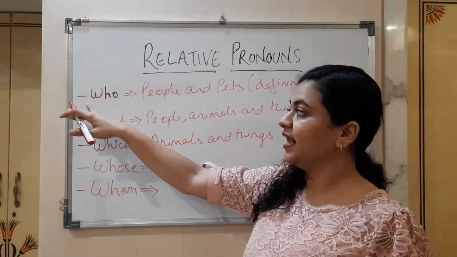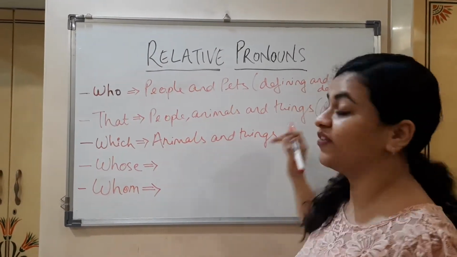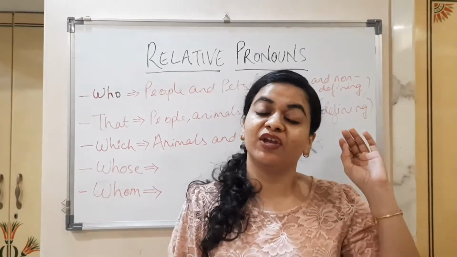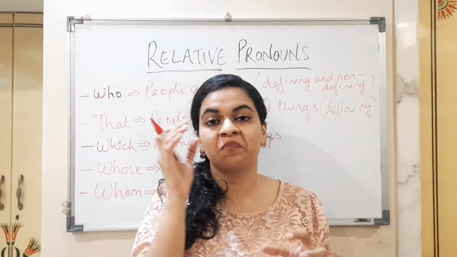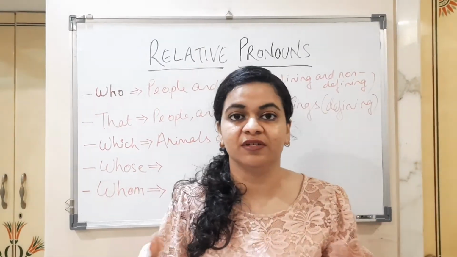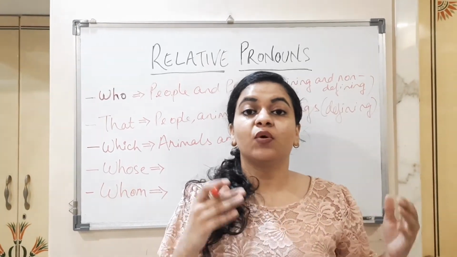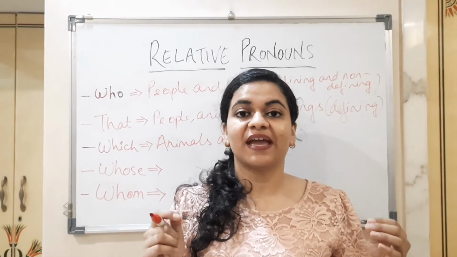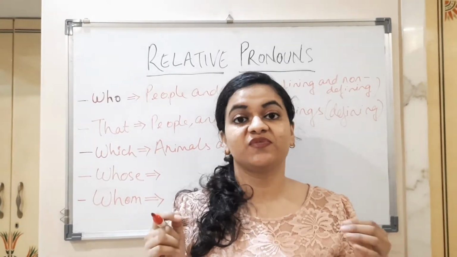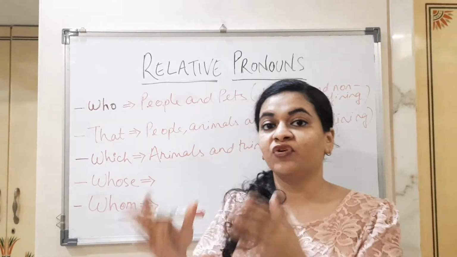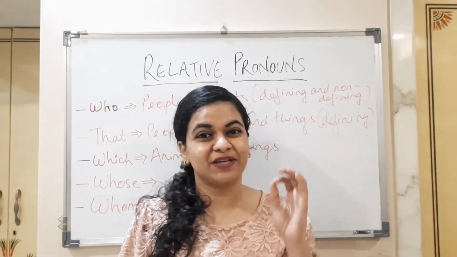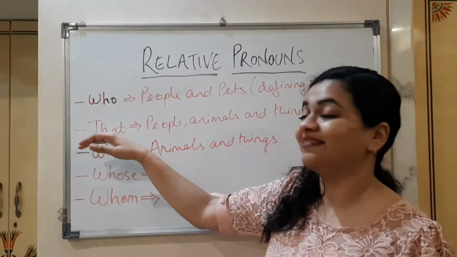So that, unlike who, is only defining. You use that only when you are referring to a specific person, thing or animal. Like for example, she is the one that looked after the cat until it returned to its forever home. So I'm referring to one particular person and that is when I use that.